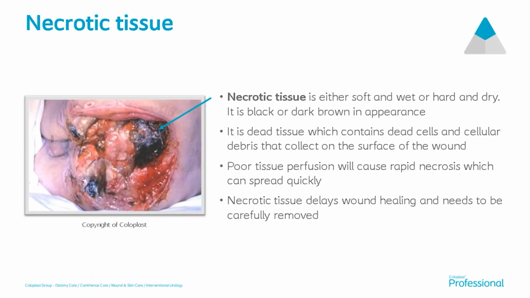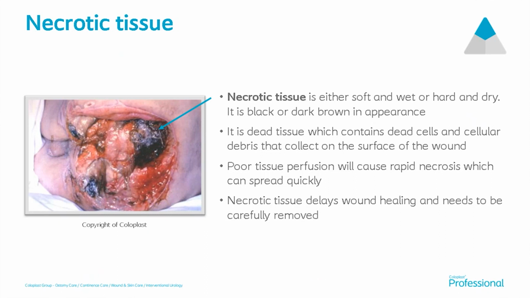Necrotic tissue is either soft, wet, hard or dry, but it's normally black or darker brown in appearance, and it's devitalised tissue, it's dead tissue. It contains dead cells and debris, and it can collect on the wound surface and actually prevent the wound from healing.